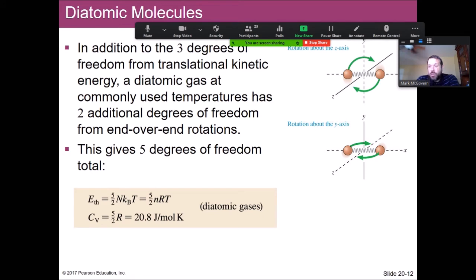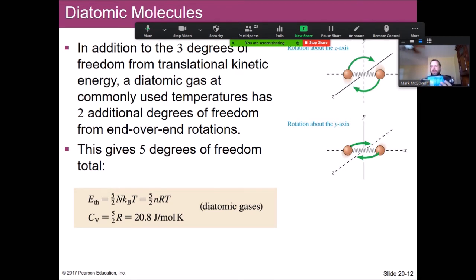You can take a molecule. Let me just use my empty club soda bottle. I have no idea why this is here, but how can you rotate this thing? Well, you can rotate it like this. And that's a unique rotation. You could also rotate it like this.